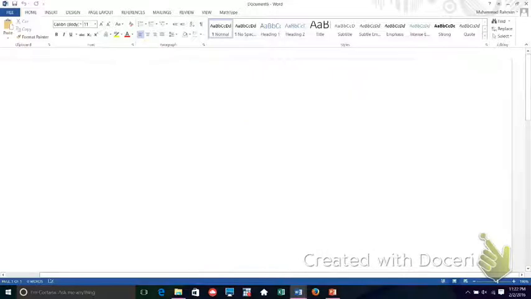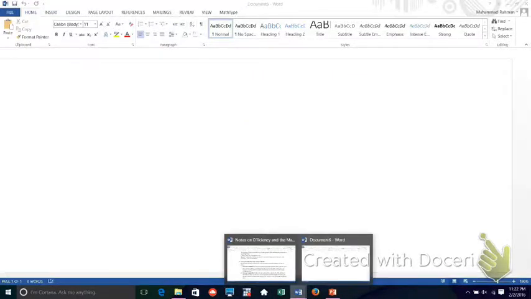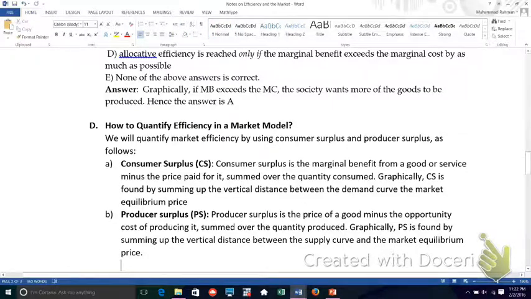Now let us go back and try to understand how these two concepts can be used to find efficiency in the market model. It should be obvious that the equilibrium in the market where demand equals supply is also the point where marginal benefit equals marginal cost, and hence market equilibrium should derive the economic efficiency.